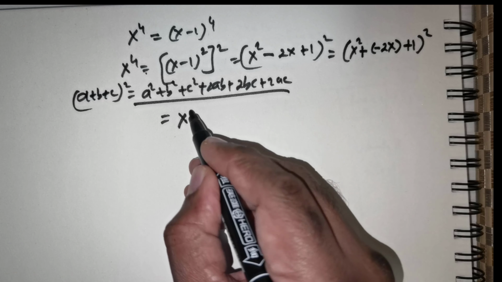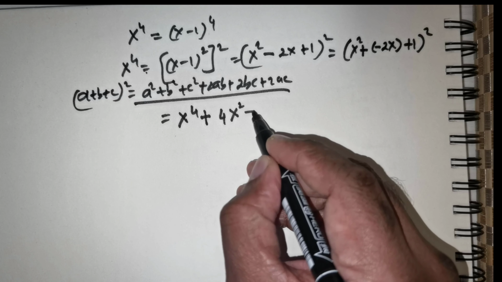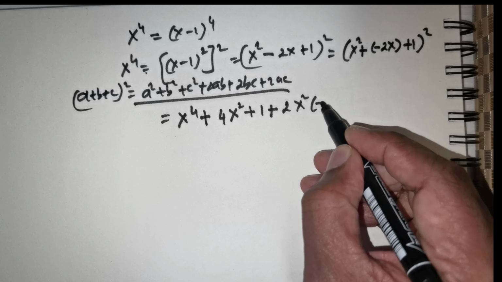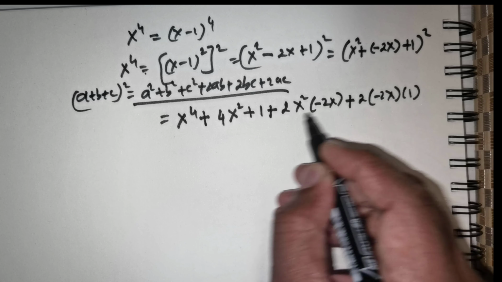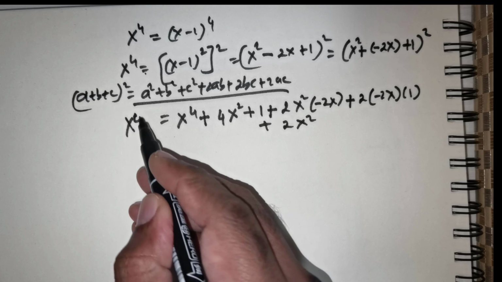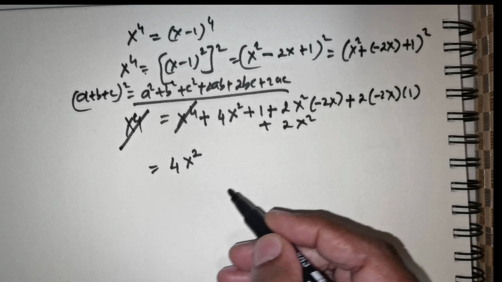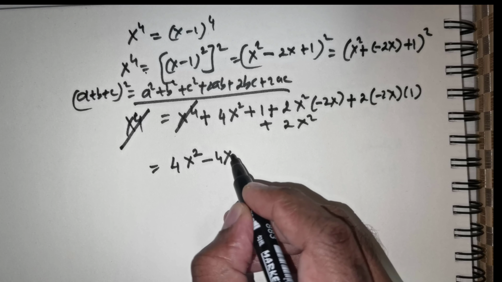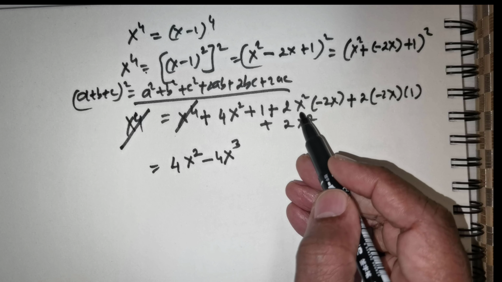So if I expand this, it is going to be x to the power of 4 plus 4x squared plus 1, and then followed by 2 times x squared times minus 2x, plus 2 times minus 2x times 1, followed by plus 2 times x squared. So on the left I got x to the power of 4. So clearly x to the power of 4 gets cancelled. So I get 4x squared, and you multiply this, you get minus 4 times x to the power of 3, right?